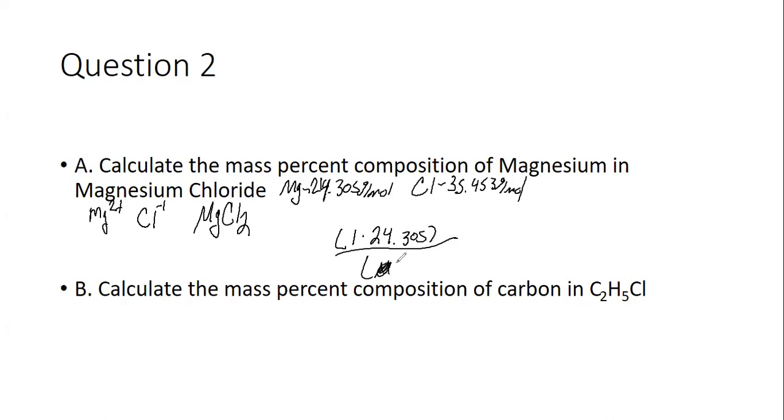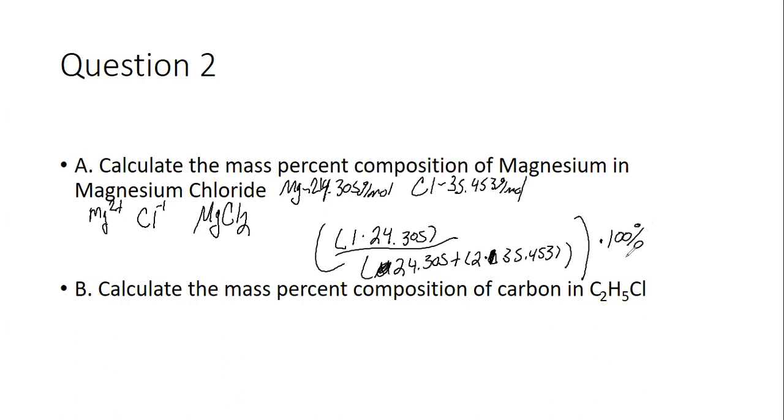So I have 1 magnesium, plus the weight of 2 chlorines. So 2 times 35.453. And I take this whole fraction multiplied by 100% to get a percentage.